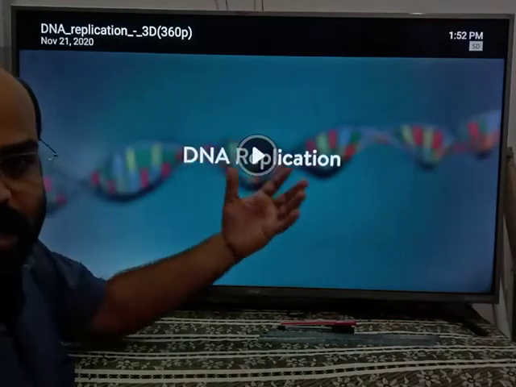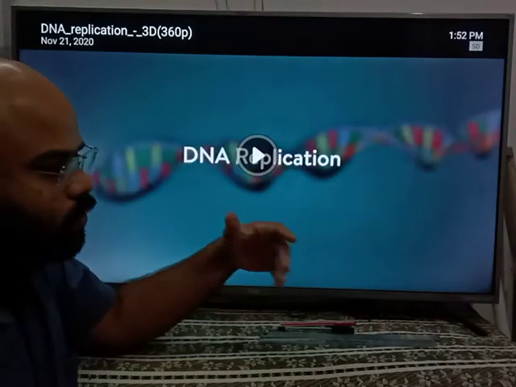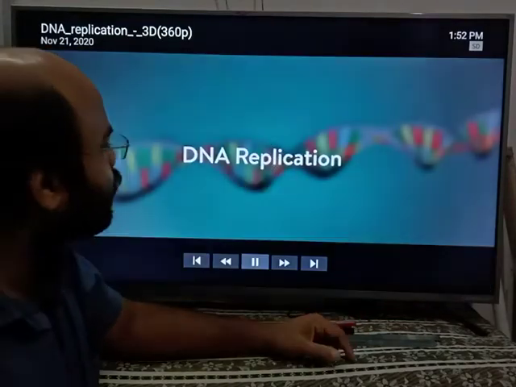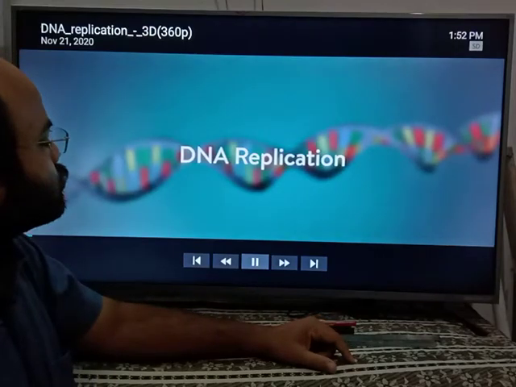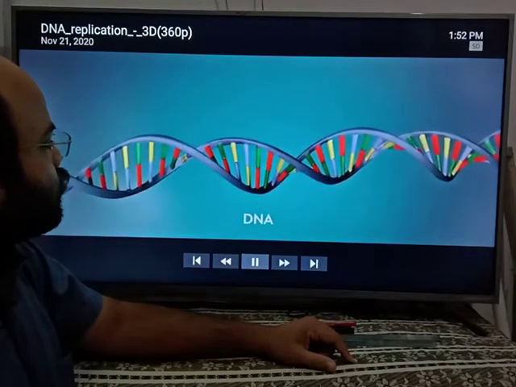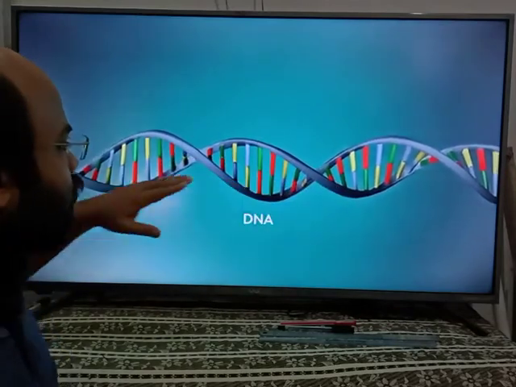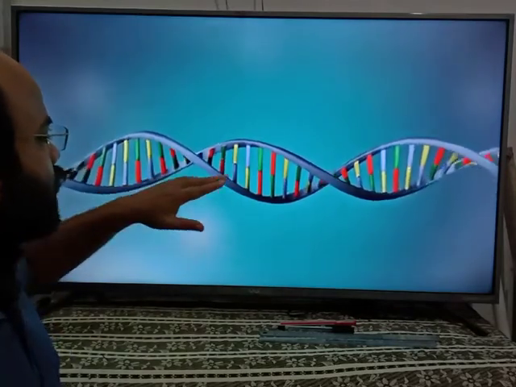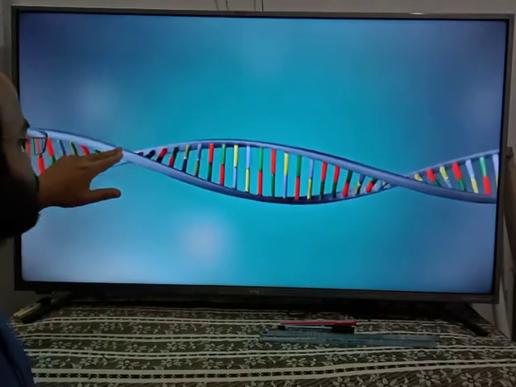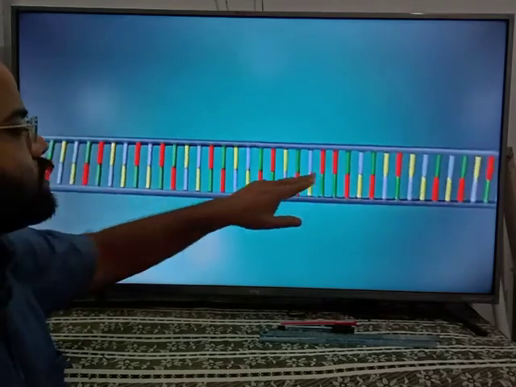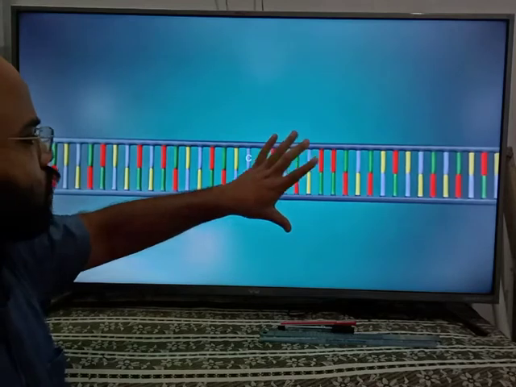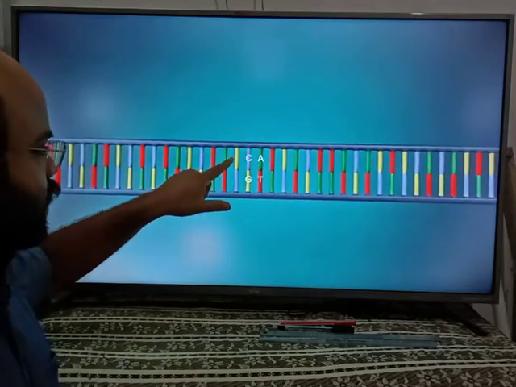We will see another animation also to understand much more. See the double stranded DNA, it is in helical form. These are the nucleotides. It unwinds, it unhelixes.